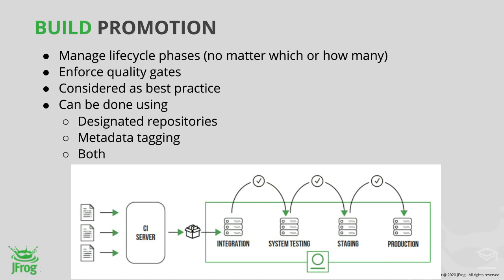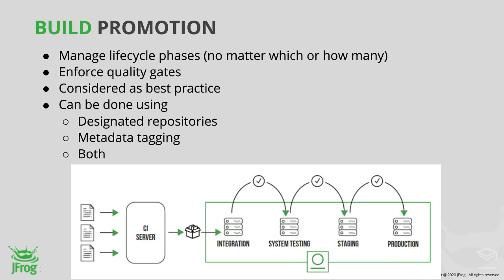And you can easily promote all the artifacts that were part of a specific build by using the REST API for build promotion. And by that, you would be doing either a copy or move of artifacts between different repositories, or metadata tagging like we saw manually.